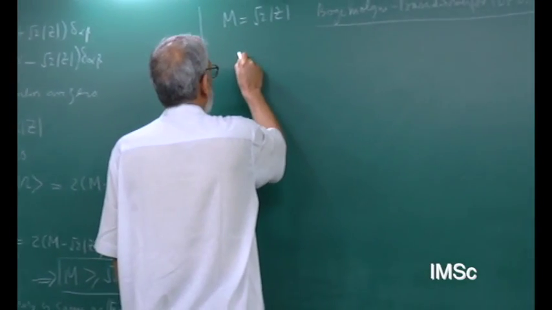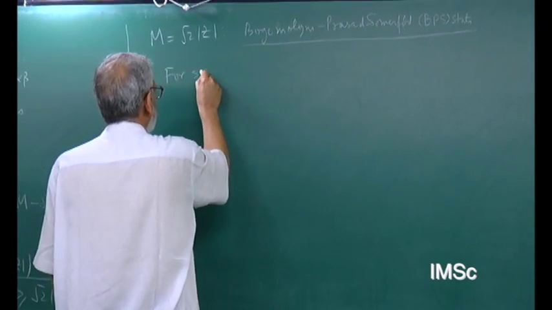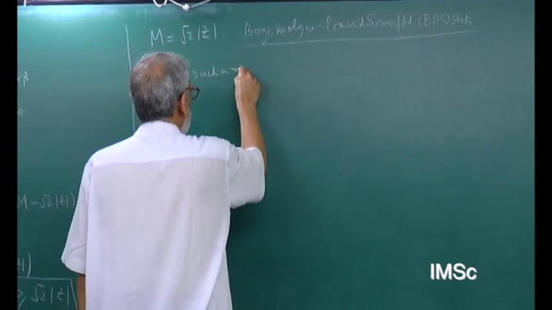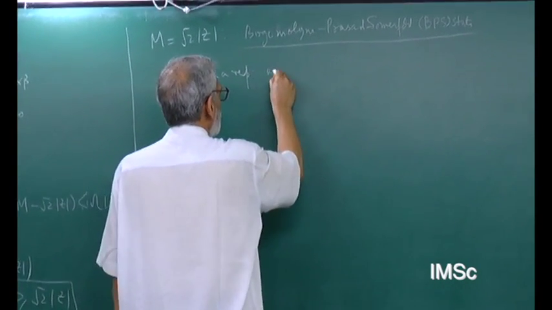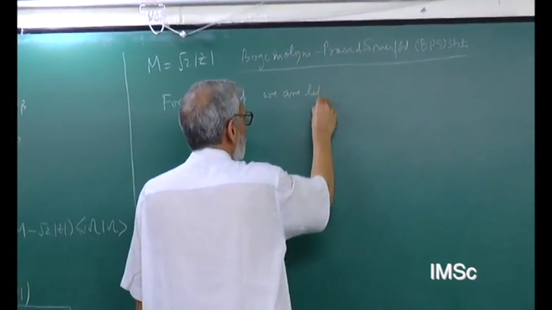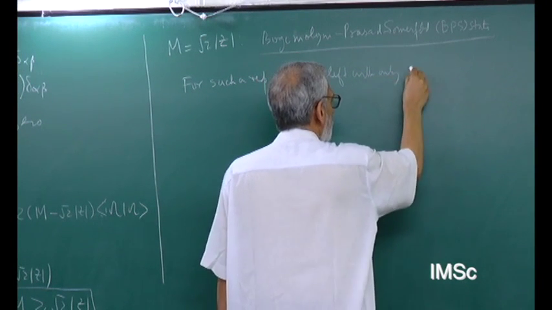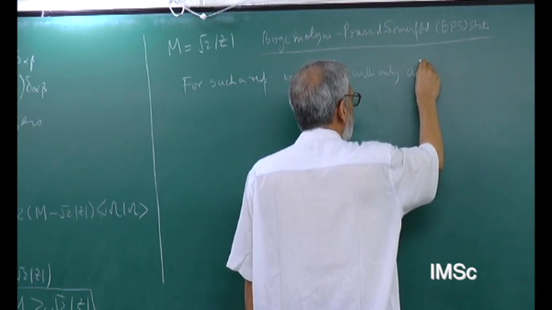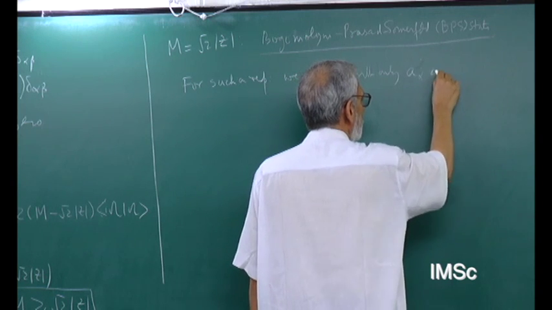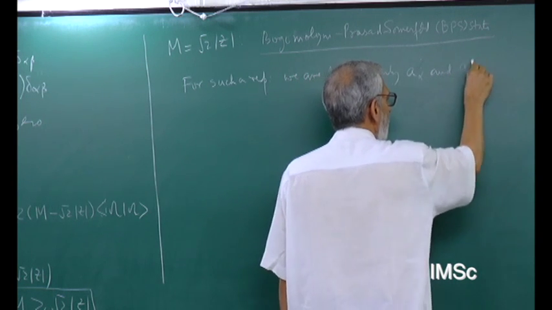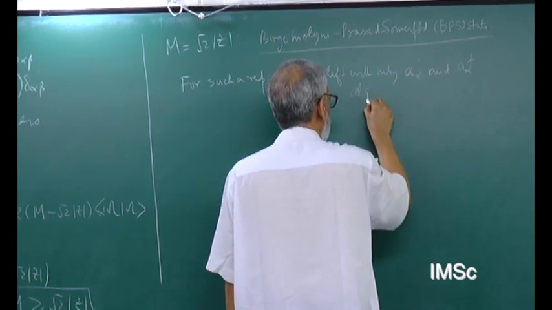So for such a representation, we are left with only A alpha and A alpha dagger algebra.